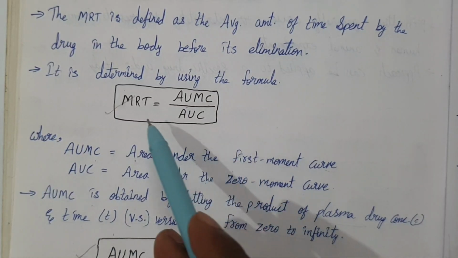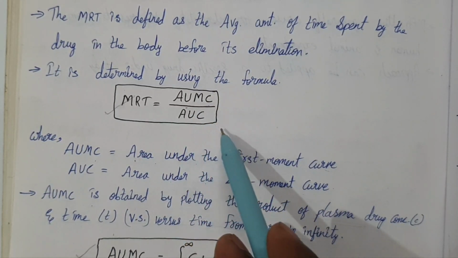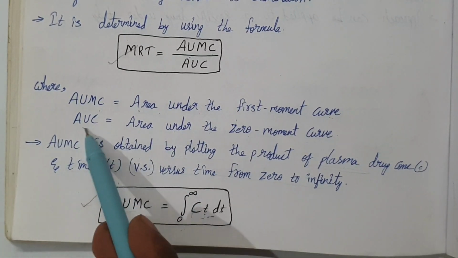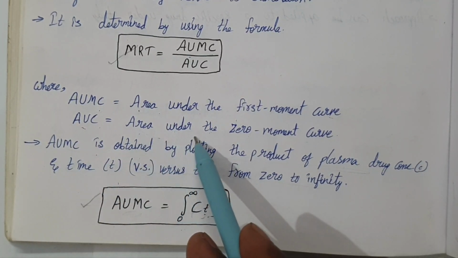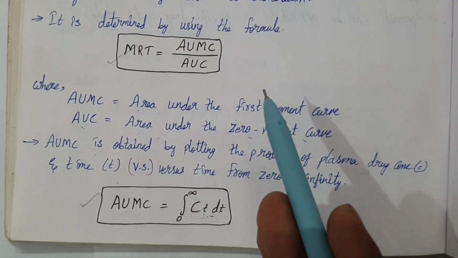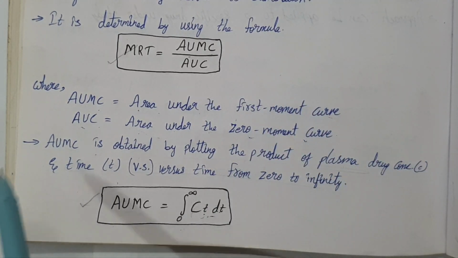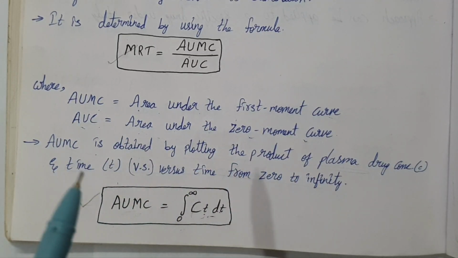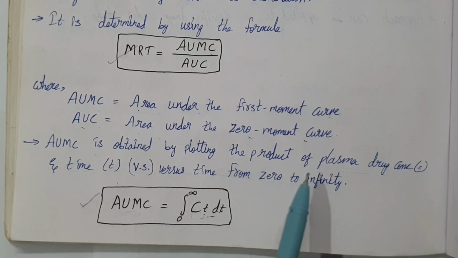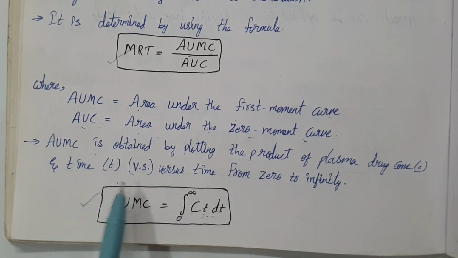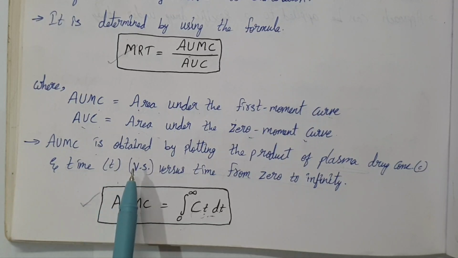The formula is MRT equals AUMC divided by AUC, where AUC is the area under the curve, the zero moment curve of plasma concentration versus time, while the AUMC is the area under the first moment curve, which is basically plotted by using concentration multiplied by time against the time.